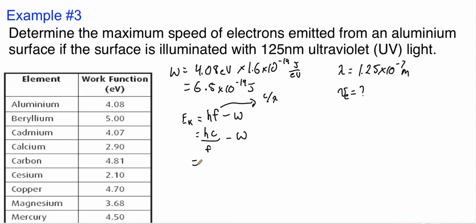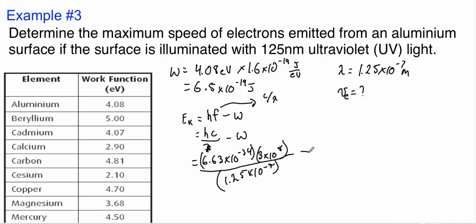Well, let's plug this in here. We're going to get 6.63 times 10 to the negative 34 multiplied by 3 times 10 to the 8. And that's all going to be divided by, oopsie, that should be lambda, not frequency. My wavelength is 1.25 times 10 to the negative 7.